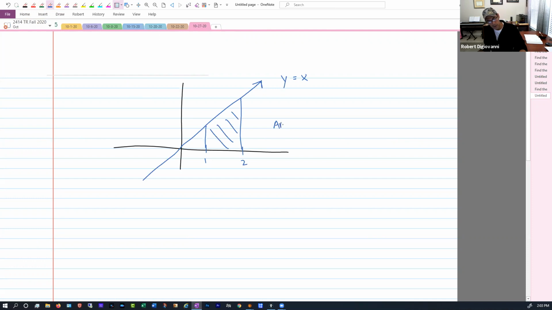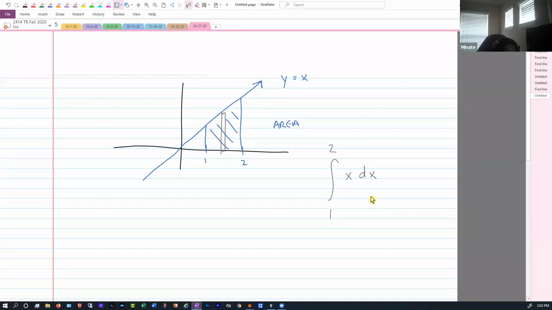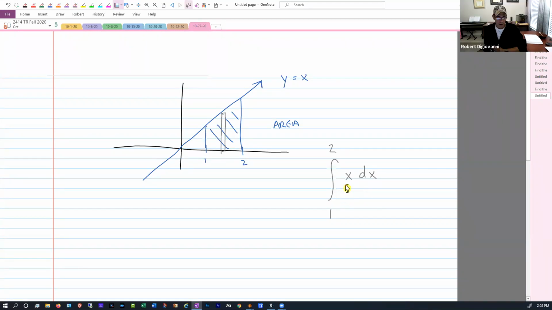Okay. For the area, we imagine filling this region with rectangles, right? So this integral would be the integral from 1 to 2 of the function x dx, right? Right. What's happening here is that the 1 and 2 are saying where the rectangles start.